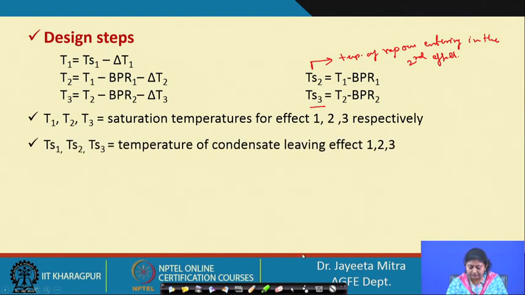So T1, T2, T3 are the saturation temperatures for effects 1, 2, 3, and Ts1, Ts2, Ts3 are the temperatures of condensate leaving effects 1, 2 and 3. Ts1 is the condensate leaving the first effect, Ts2 is leaving the second effect, and Ts3 is the condensate leaving the third effect.